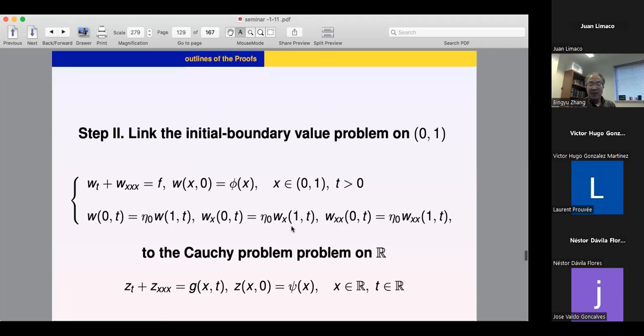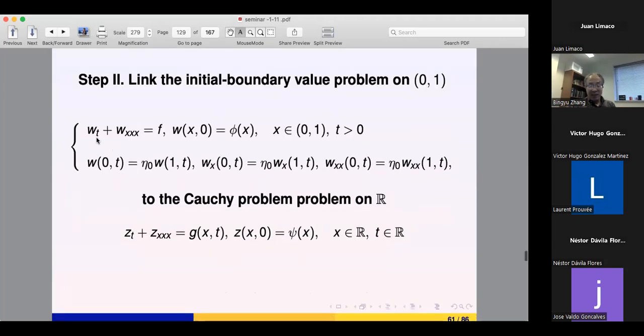You can see this is a boundary value equation posed on the finite interval. This will be the equation posed on the whole line with no boundary condition, because that's the Cauchy problem. So our second step is to find a link between those two.